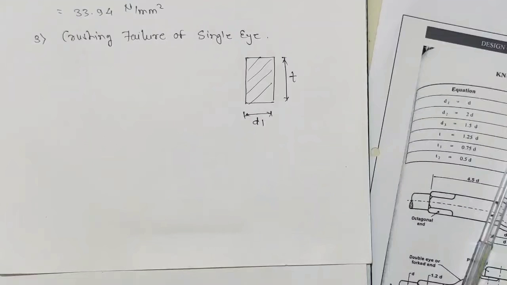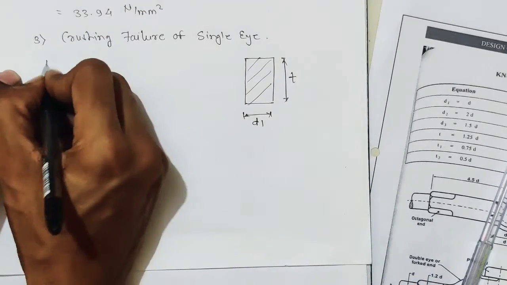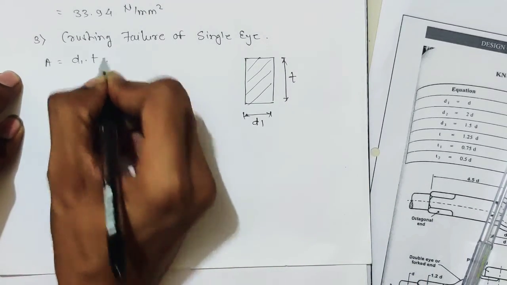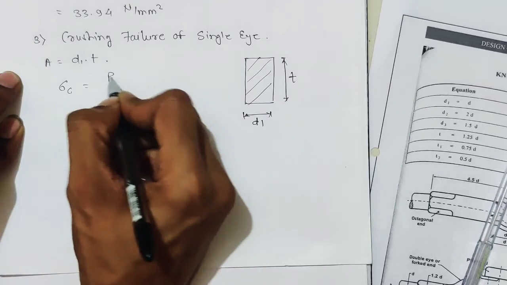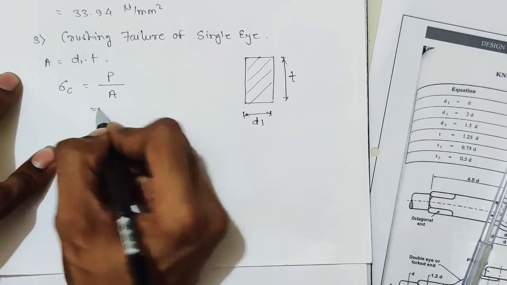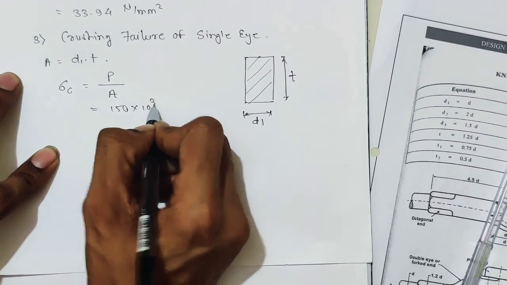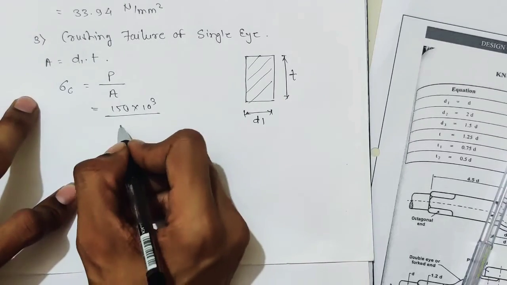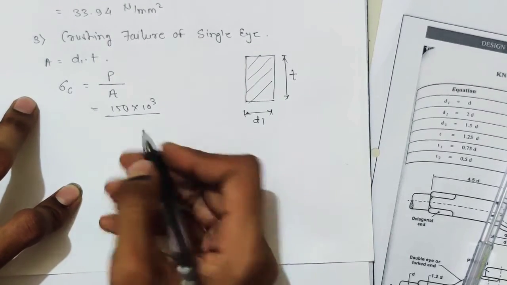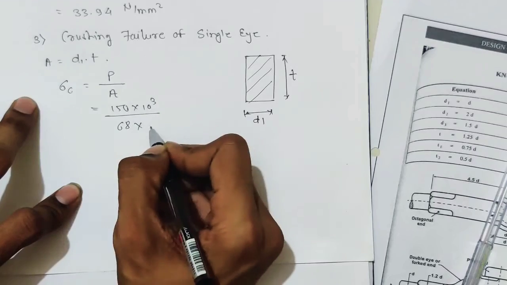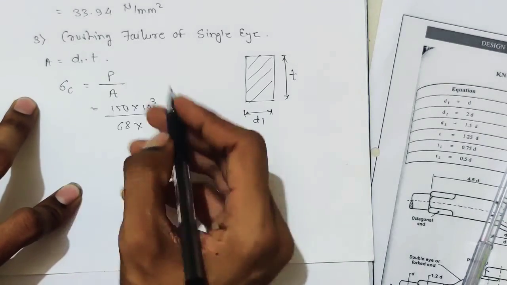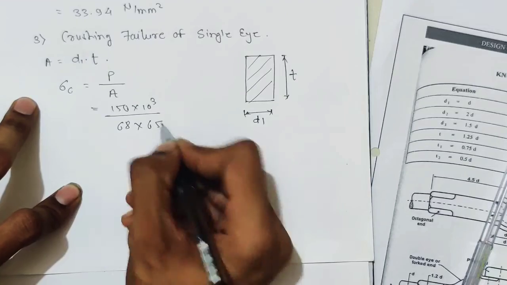So just remember that whenever two cylindrical surfaces are in crushing stress, then just consider the projected area. So d1 into t, so area is d1 t. We know sigma c is equal to P by A. Now what is P? 150 into 10 raised to 3. What is A? d1 into t. The modified value of d1 is 68, and the value of t is 65.